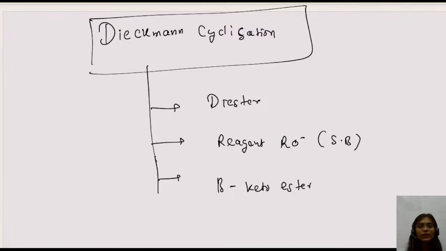Now let's start: how to proceed, or what is the general reaction here. Generally it's CH2, CH2, and this is CH2, CH2. Some of you might say, ma'am, we can change the number of carbons.